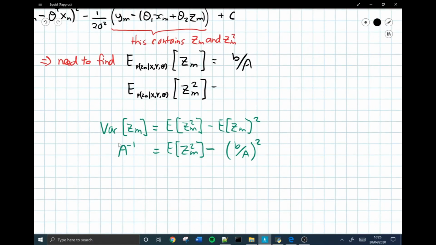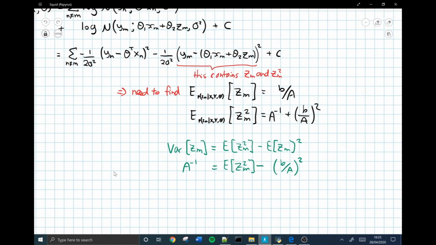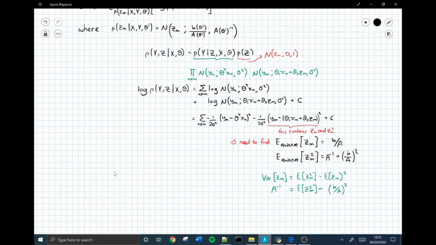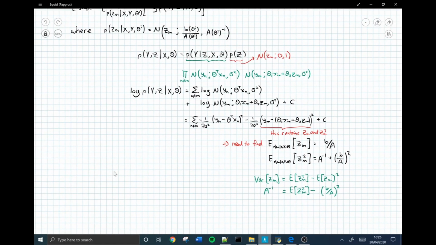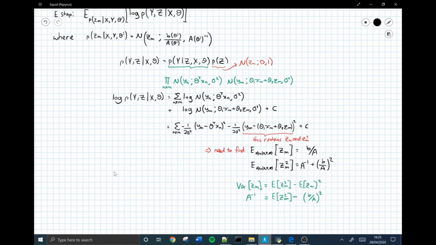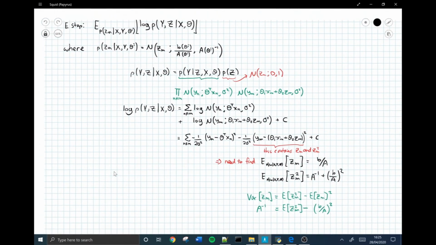So from that we know that the expected value of Zm squared, just by rearranging this thing down here, is going to be equal to a to the minus 1 plus b over a squared. Okay. So now we've calculated all the expected values that we're going to need. So really we've completed our E step.